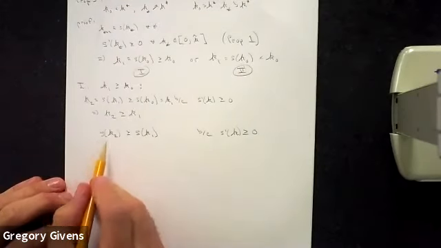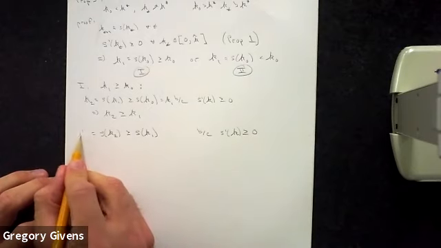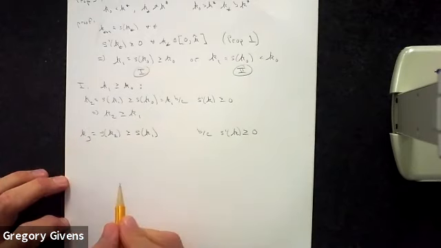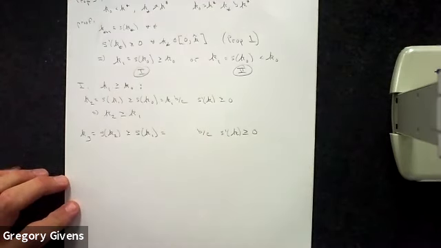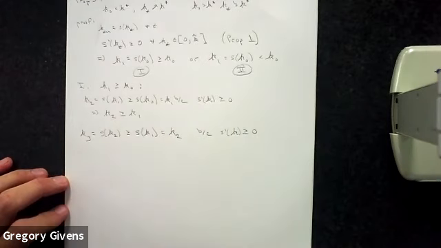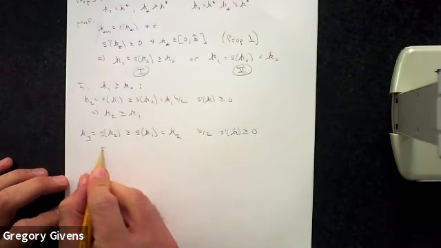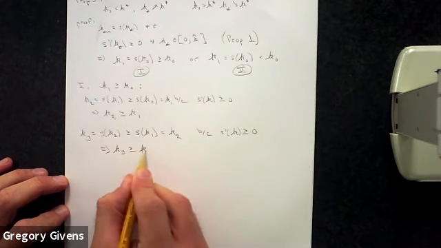But if S of K2 is bigger than S of K1, then that means that our optimal value of K3, which is just equal to S of K2, has to be bigger than or equal to our optimal value of K2, which is just equal to S of K1. So K3 is bigger than or equal to K2.